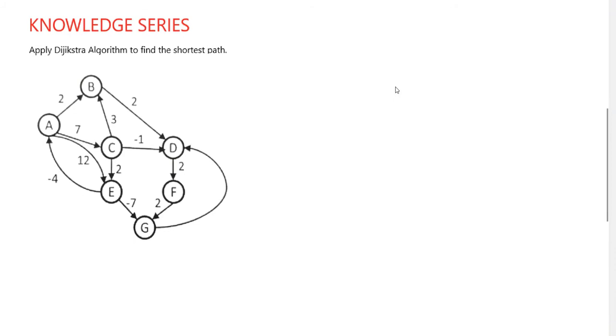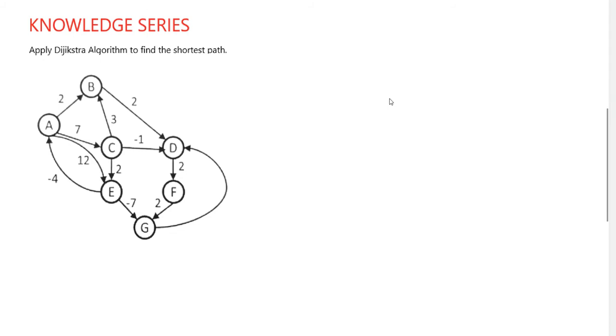So, as per Dijkstra's algorithm to find the shortest path, in the given figure we are seeing that there are 7 nodes, or 7 vertices, and loops also exist.